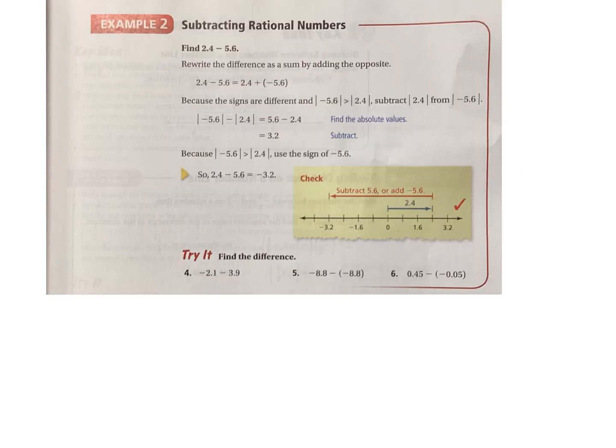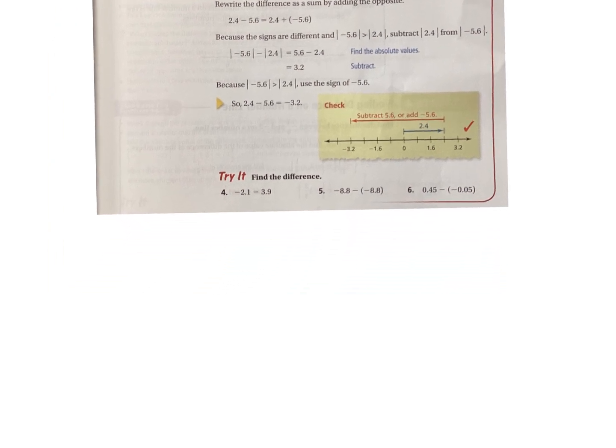Here's some more examples. You can look through the example 2.4 minus 5.6. But I want to give you the try it examples, and if you want to pause the video and try them and then see how you do, that's good too. Let's do number 4 first. We have negative 2.1 minus 3.9.